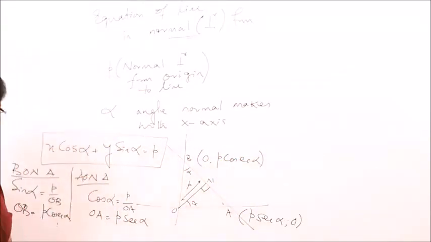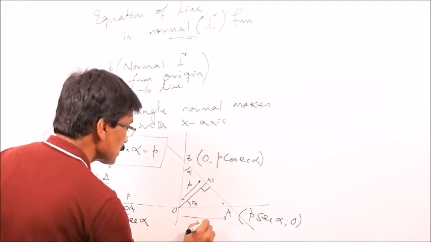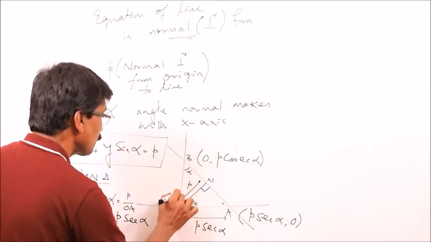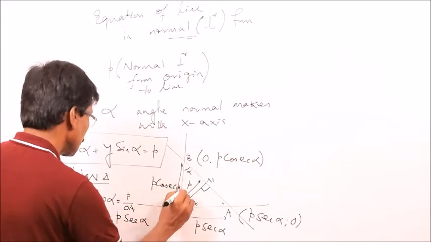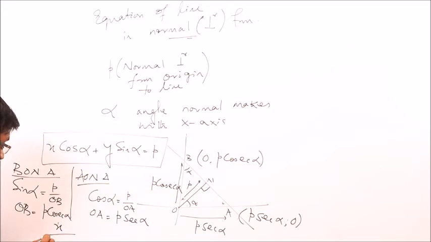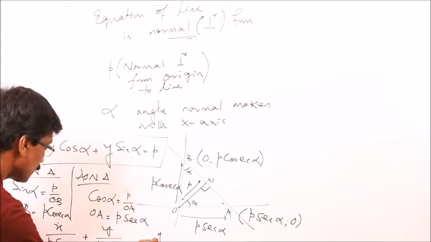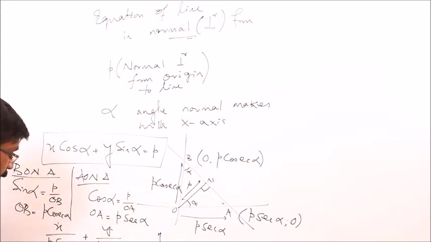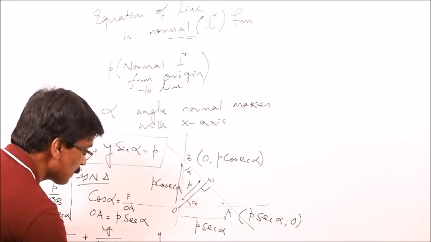Then the equation of this line in intercept form, where the x intercept is p sec alpha and the y intercept is p cosec alpha, is x/(p sec alpha) plus y/(p cosec alpha) is equal to 1, that is x cos alpha plus y sin alpha is equal to p.